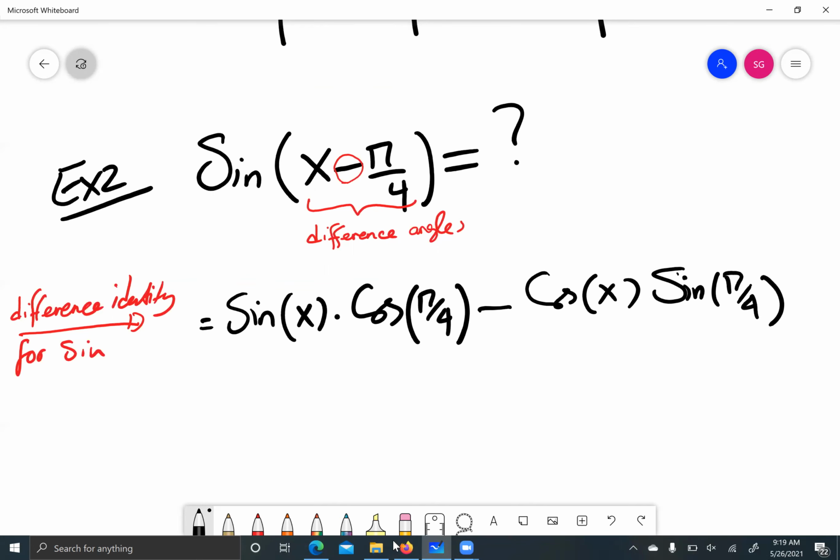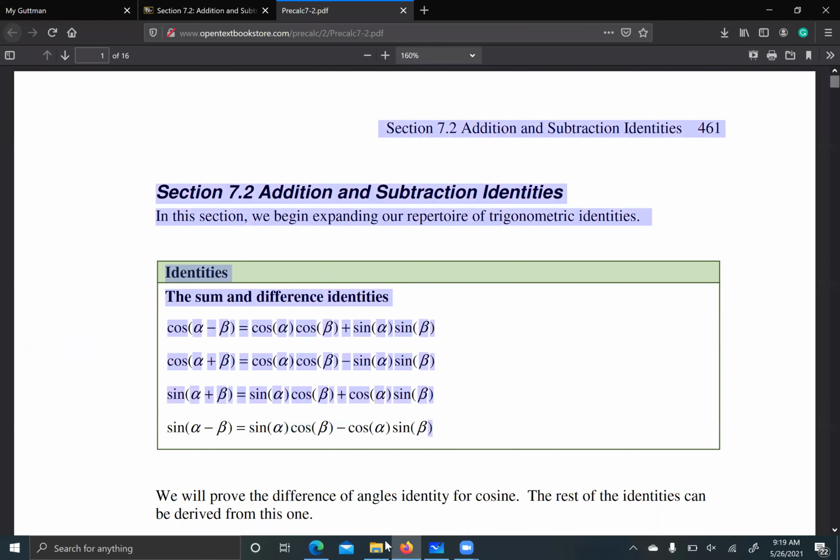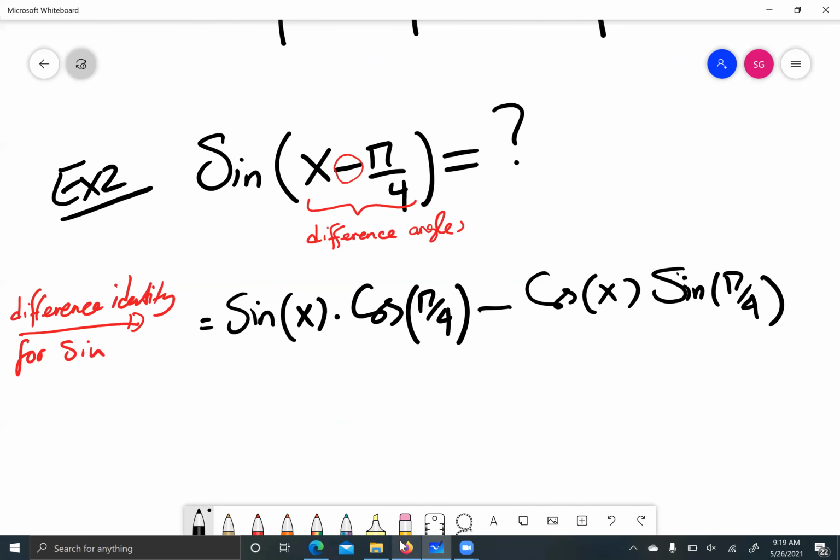Okay, so I just applied the last identity over here, the difference identity for sine, which says that when you have sine of the difference between two angles, it is the same as sine of the first angle times cosine of the second angle minus cosine of the first angle times sine of the second angle.